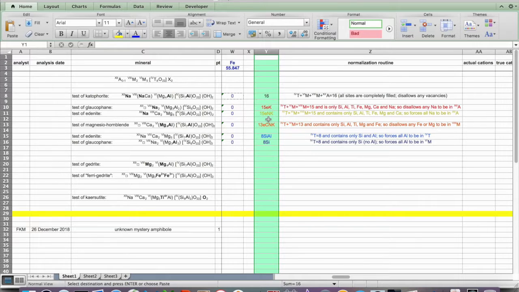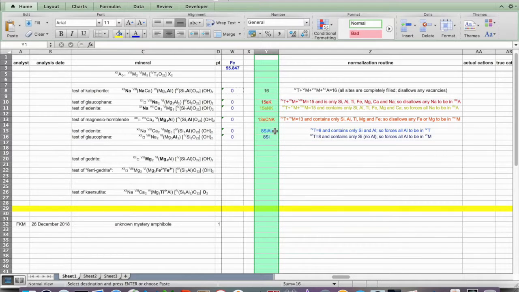Then we have 15ENK, which is 15 excluding sodium and potassium. Then we have 13CNK, which is 13 excluding calcium, sodium, and potassium. Then we have 8SiAl, which is 8 tetrahedral cations that include silicon and aluminum.